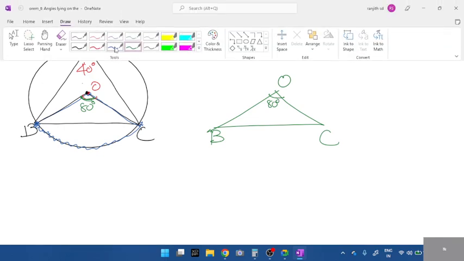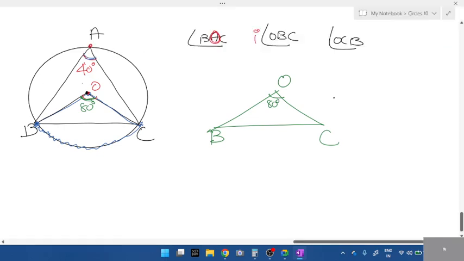We have only 4 triangles. Is it 90 degrees, right angle? No. Is it equilateral? For equilateral, all 3 angles, what did I tell? Equal. Is this equilateral? It's not a right angle, it's not equilateral. What are the two? Scalene and isosceles. Tell me, figure out which is right.